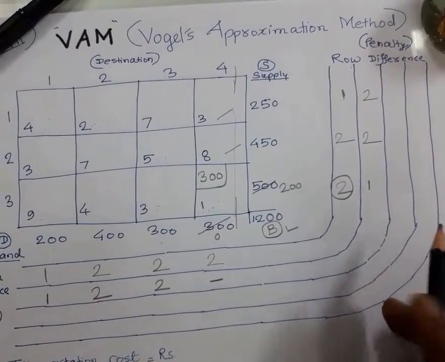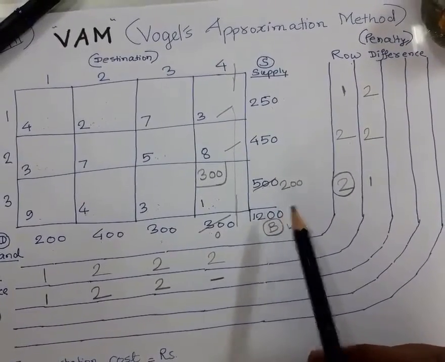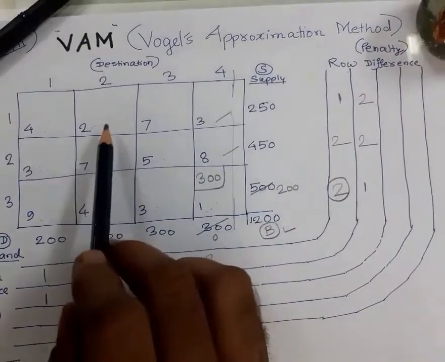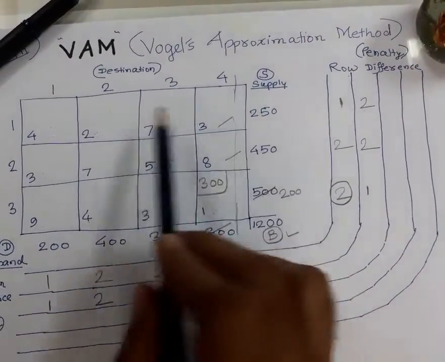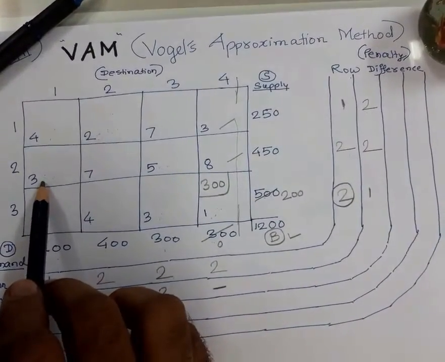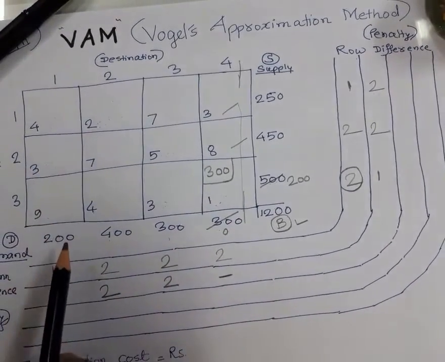Now select the cell where we can allocate maximum units. For this first row, this cell, we can allocate maximum 250 units here. Okay. For second row, this cell, we can allocate maximum 200 units here.